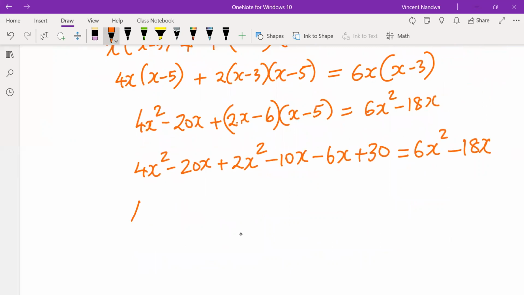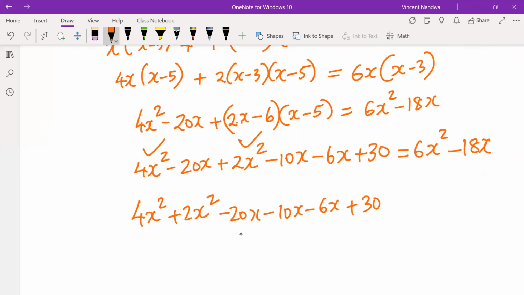So collect like terms, 4x squared plus 2x squared. So I've done it with this and this. Then minus 20x minus 10x minus 6x plus 30 equals 6x squared minus 18x.